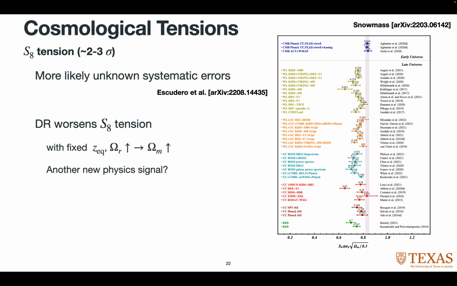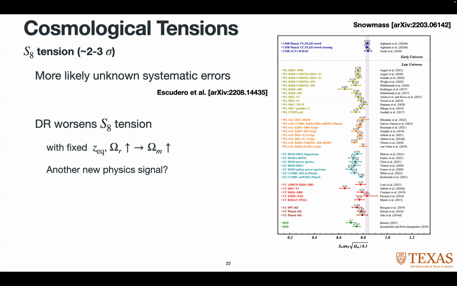However, most efforts to solve the Hubble tension worsen the S8 tension as well, because with a fixed decoupling, if you increase the density of radiation, it will increase the density of matter. Then there is more clustering of the dark matter.